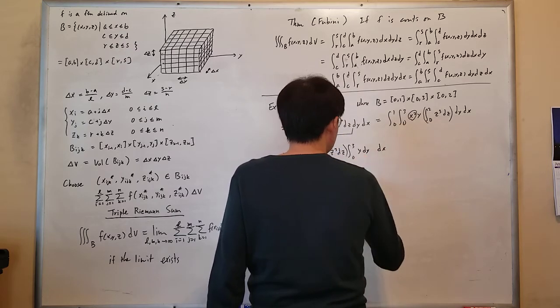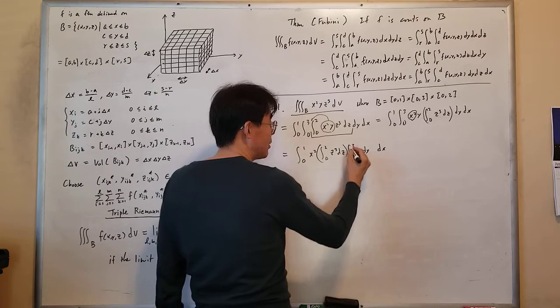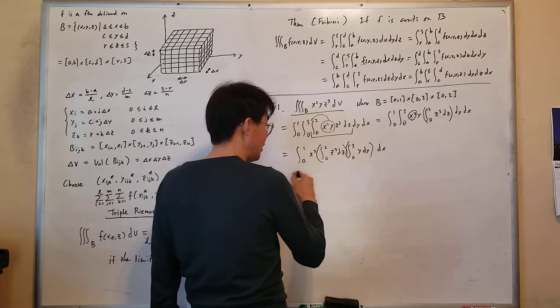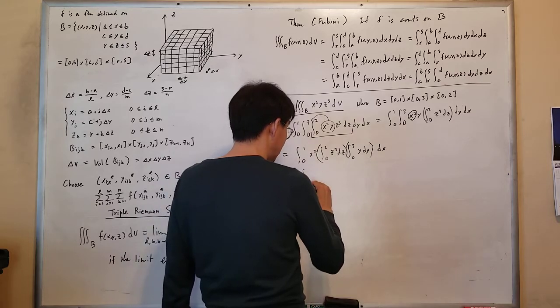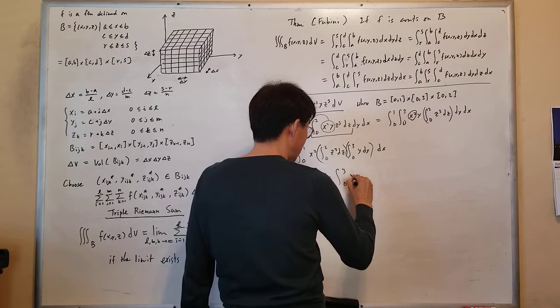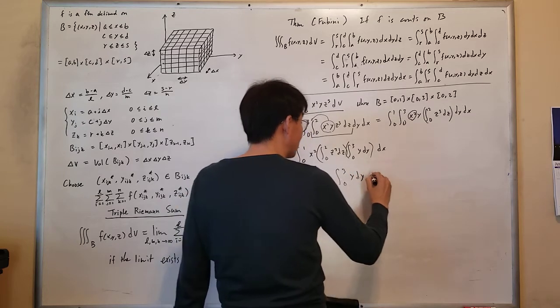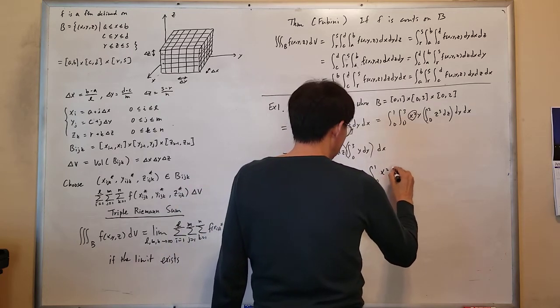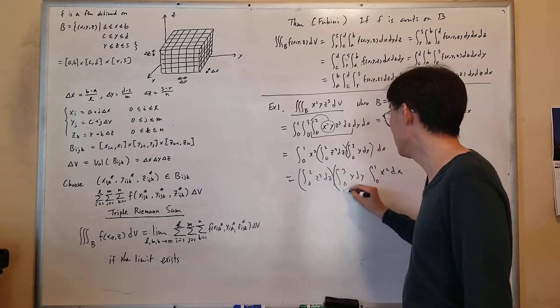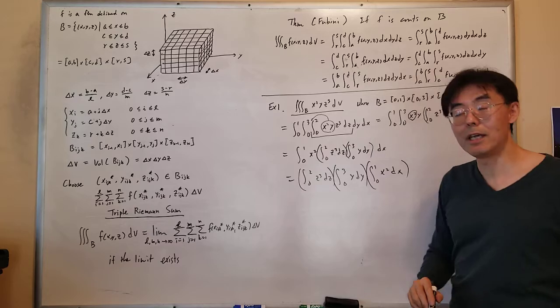Once you take that out, now this is a constant, right? These two constants can be taken out of the x integral. Just like the double integral case, you can split it into a z integral only, y integral only, x integral only.